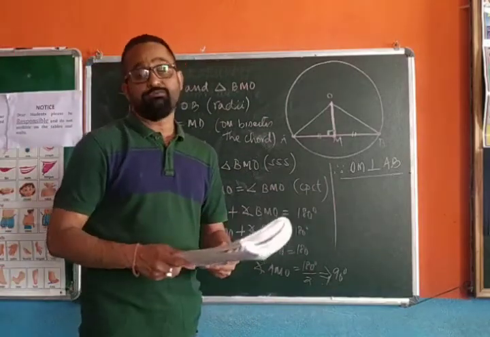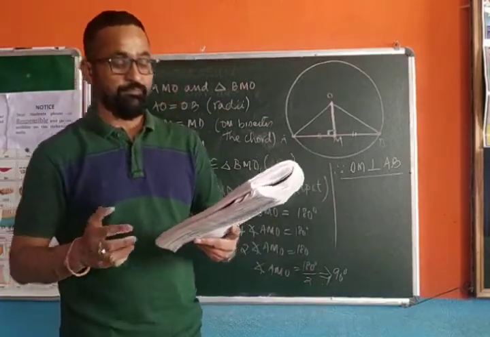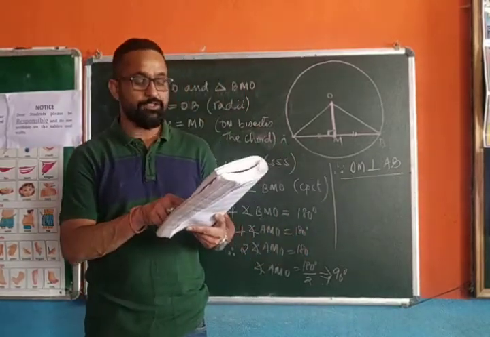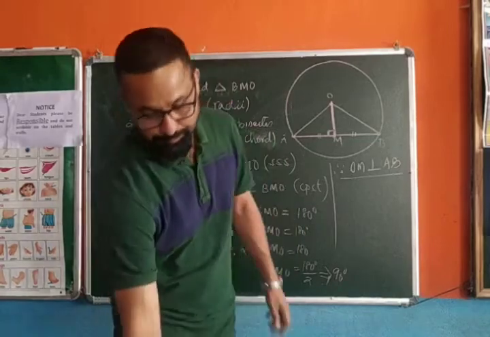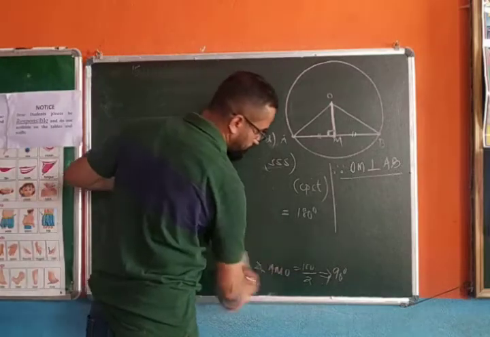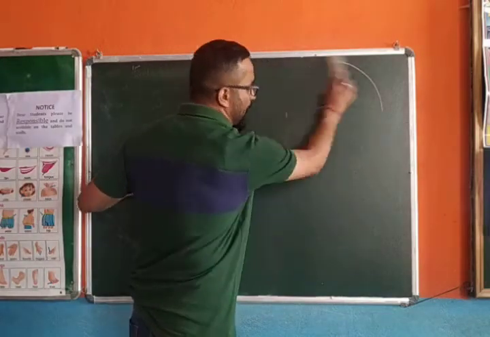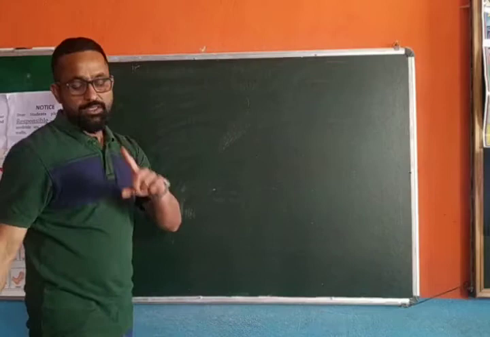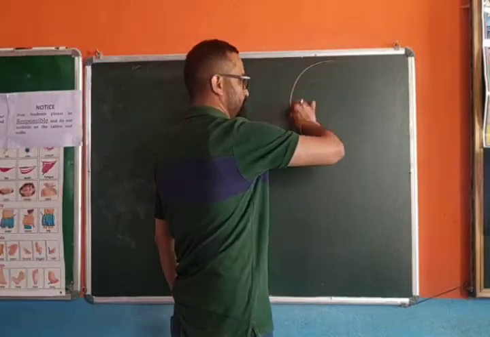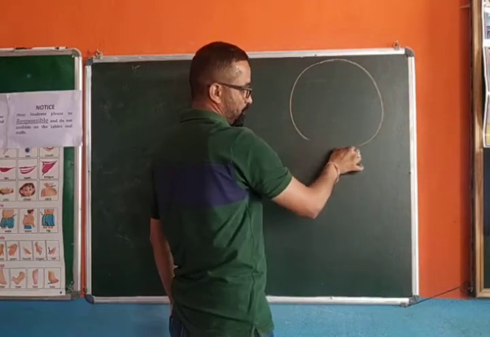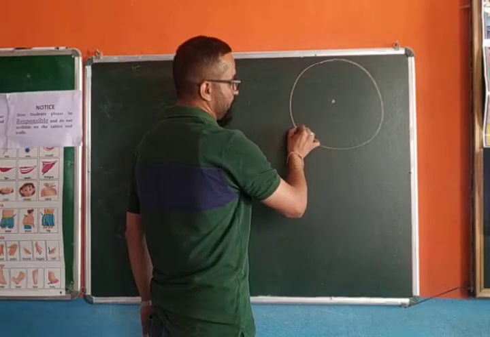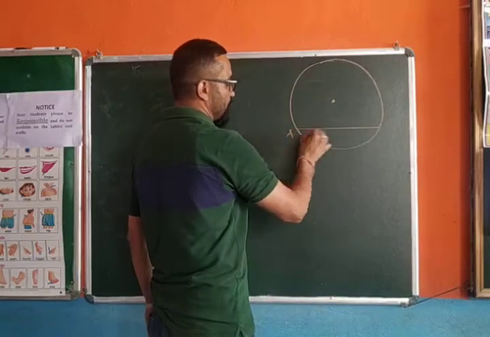Similarly, you have theorem 15.2. Perpendicular to chord, from the center of a circle bisect the chord. So look at theorem number 15.2. And you have to apply these theorems in the exercise. Circle with center O, draw chord AB.